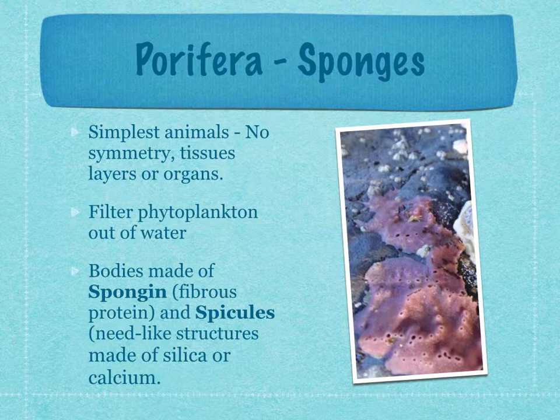Their bodies are made up of spongin, a fibrous protein, and spicules give them protection and structure. Spicules are needle-like structures made up of silica or calcium. It is interesting to think about nudibranchs, an animal that belongs to a different phylum that we will later discuss.